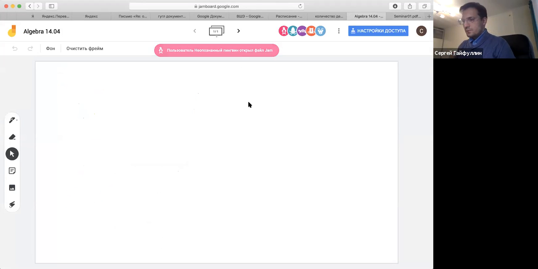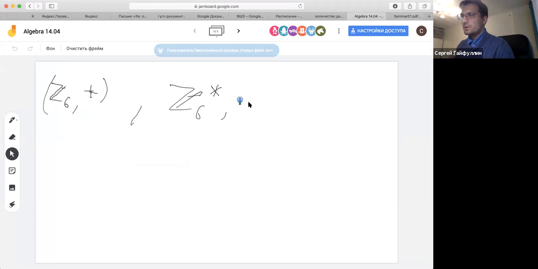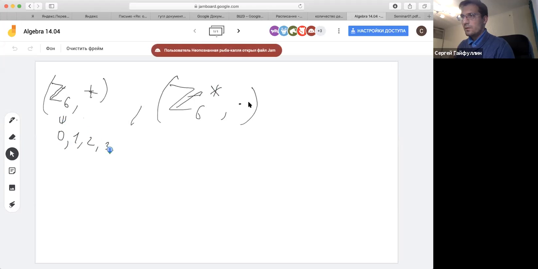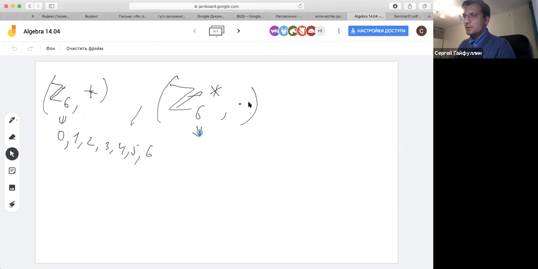The first is Z6 with plus, and the second is Z6 star, which is with the operation multiplication. Here there is 0, 1, 2, 3, 4, 5, 6. And here just 1, 2, 3, 4, 5.